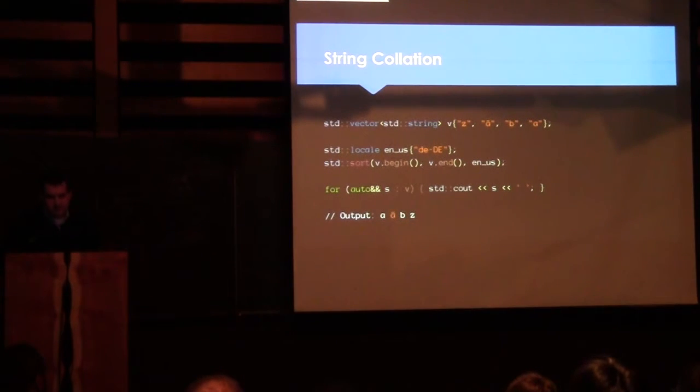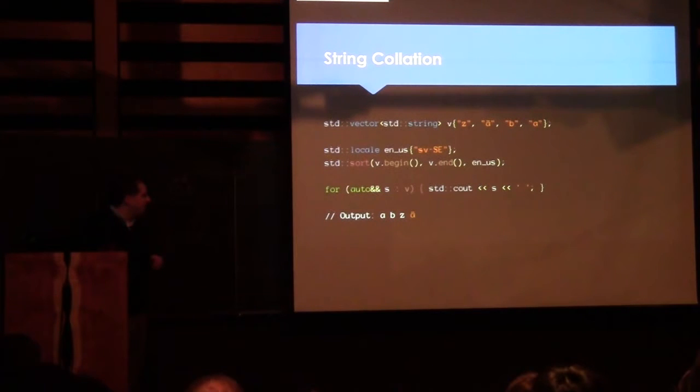But the reason these are different for different languages: we can consider, for example, the A with diaeresis. In the German locale, it's considered to be just an A with an accent, so it gets sorted after the A's. But in the Swedish language, it's actually considered its own letter, and it gets sorted after the Z. So if you want to sort strings, or if you want to collate strings, you actually have to know what locale you're working in.